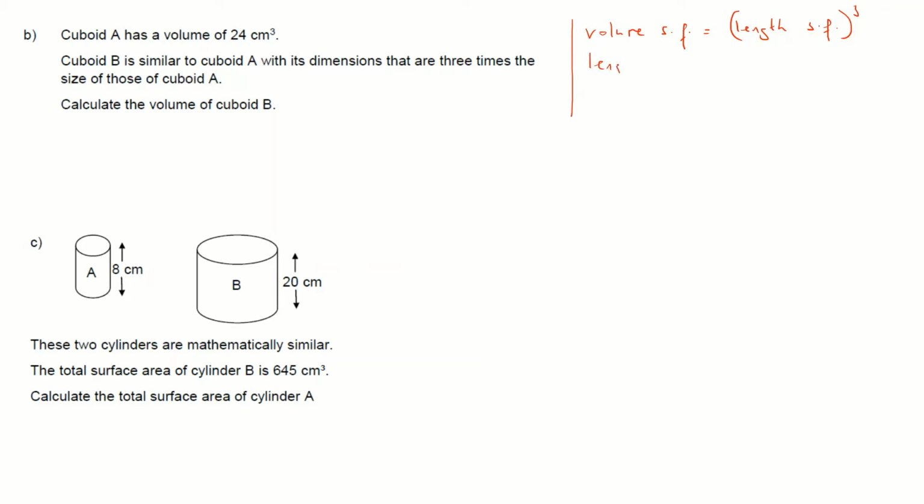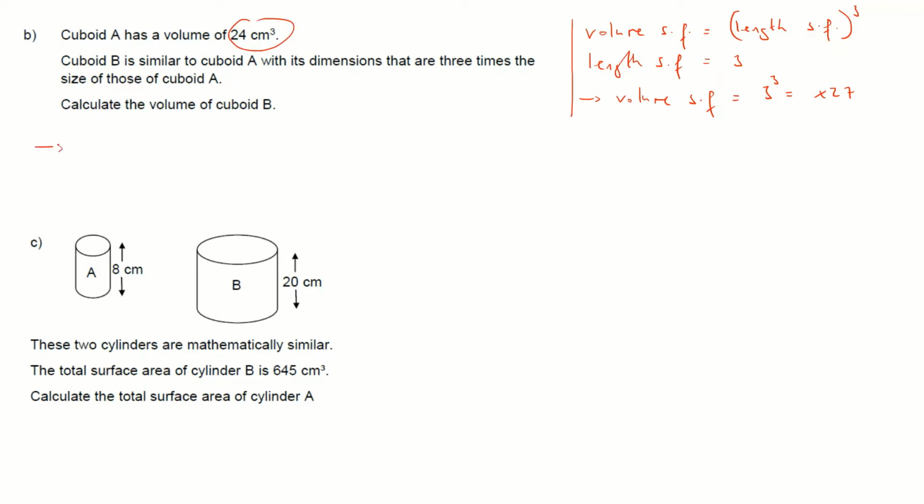So if cuboid B has dimensions that are 3 times bigger than cuboid A, for this question the length scale factor is 3. That means the volume scale factor is going to be 3 cubed, which is 27. So cuboid B's volume is 27 times bigger than this here.